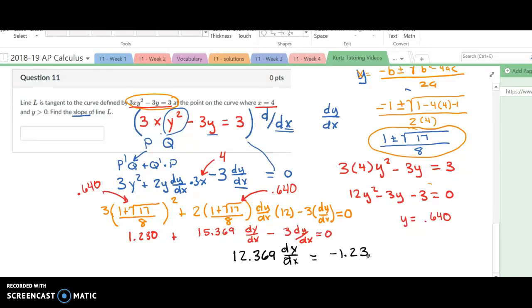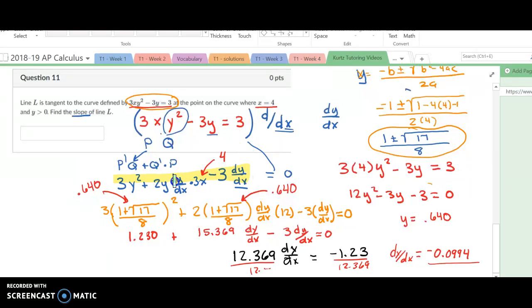Now we'll divide by that 12 point... Best as I can tell, dy dx equals negative 0.0994.